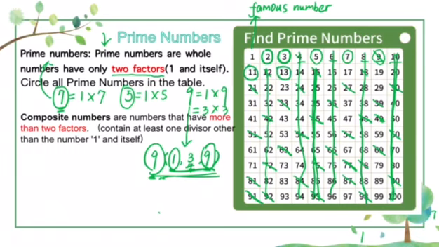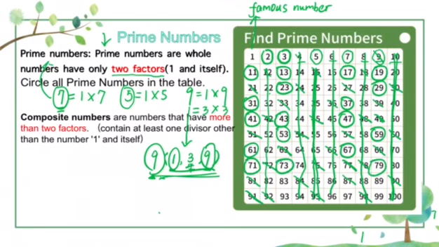You only need to circle them. Okay, circle them. From 40 to 50, 3 prime numbers. From 50 to 60, 2 prime numbers. From 60 to 70, 2 prime numbers.